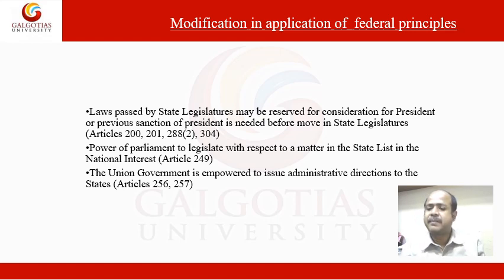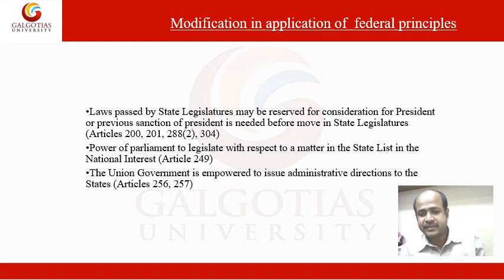The legislative competence over the subjects is distributed between the state and the center in Schedule 7, which has three lists: the union list, the state list, and the concurrent list.